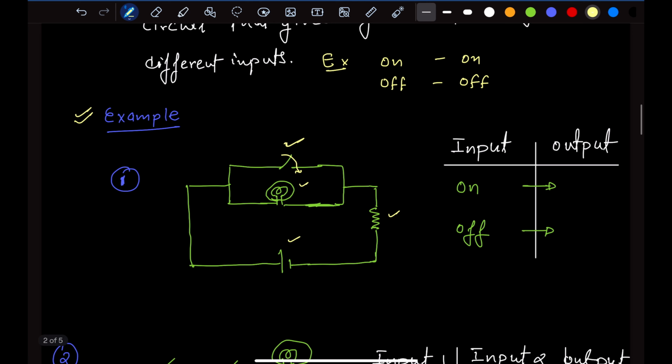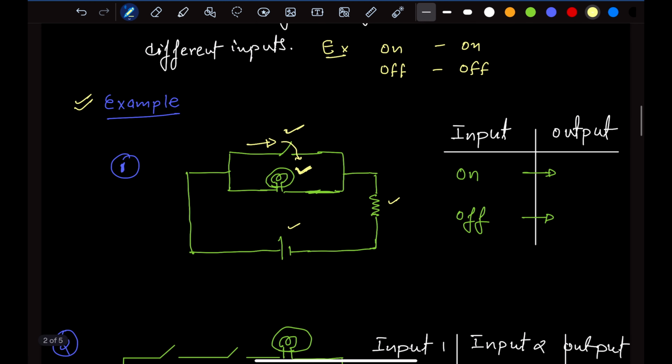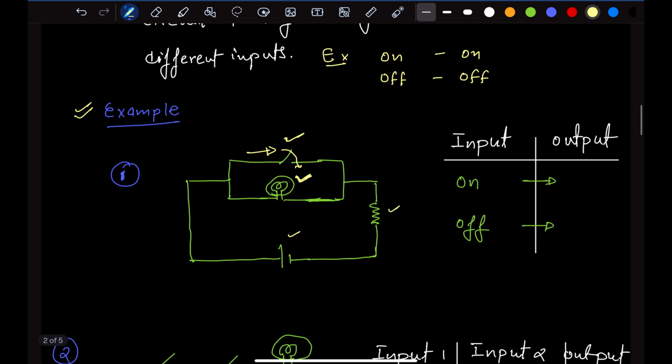Then tell me what will be the output. Will this bulb glow, or will it become off? When the switch is closed, you know that current will pass through this, because this is the least resistance path, right? So that's why it will not glow, or you can say the bulb is off.